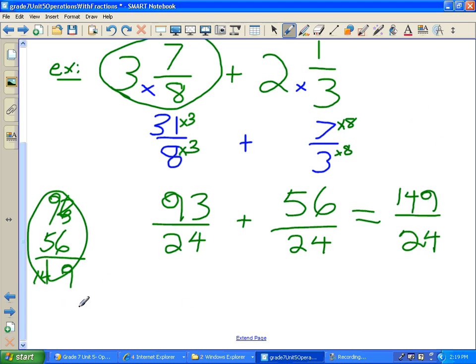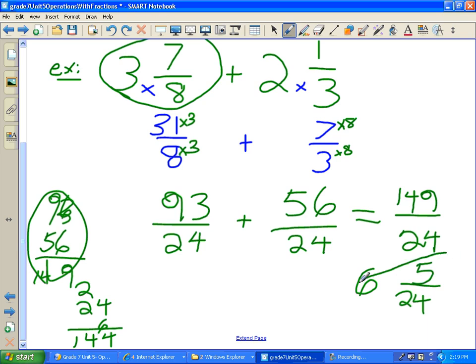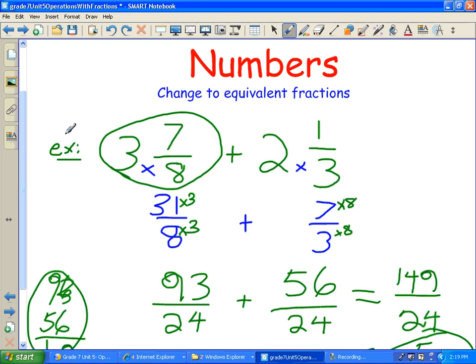So let's do that. 6 times 24 and see what I get. 6 4s are 24. 2 6s are 12, 13, 14. Look at that. 6 times will work out nicely. So I'll get 6 whole times, and how many out of 24 will I have left over? I will have 5 left over out of 24.